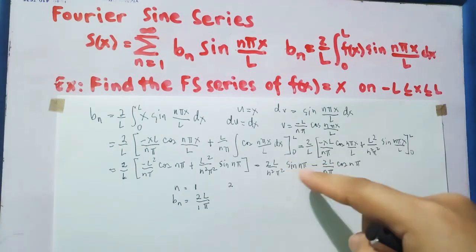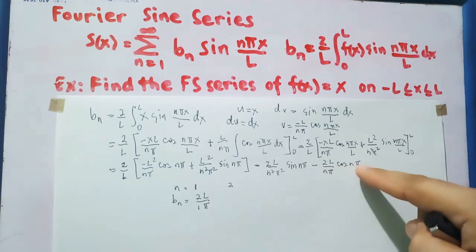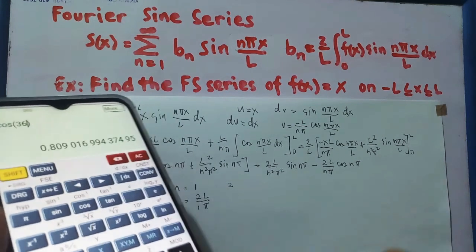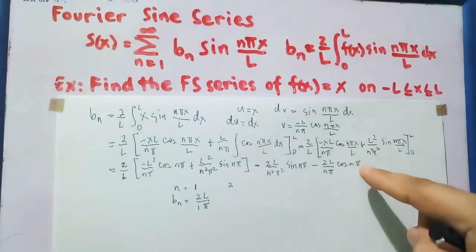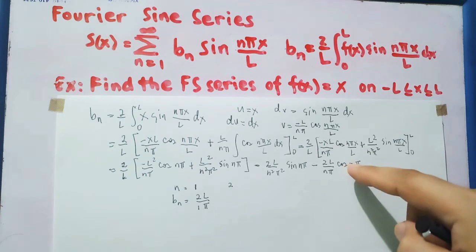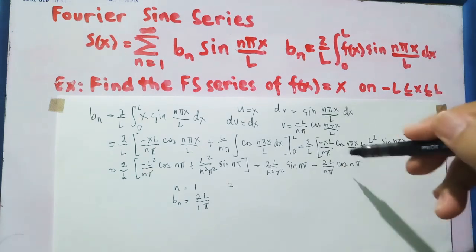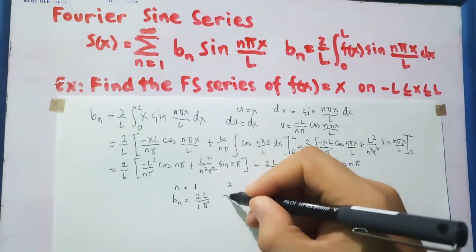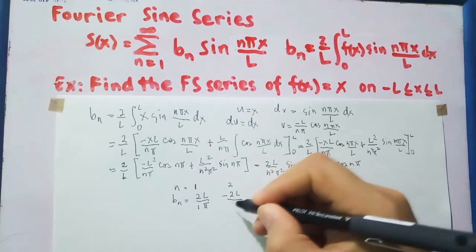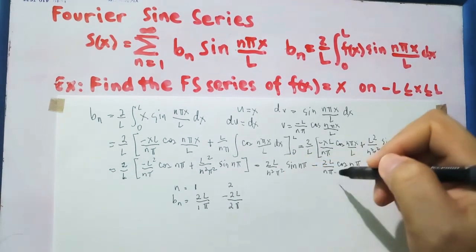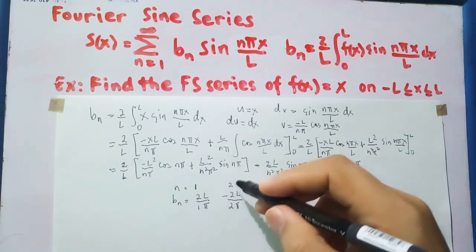This one is again 0, and then 2 times 180, that is 360, cosine of 360 is equivalent to positive 1. So positive 1 times this one equals negative 2L over 2 pi. Now, when n equals 2, we have this one.